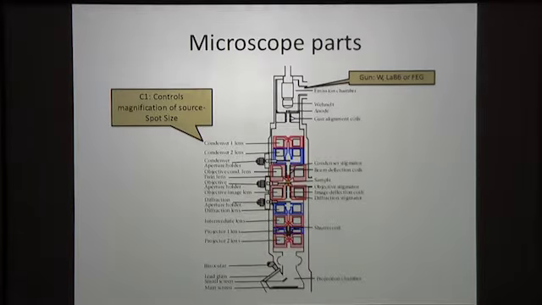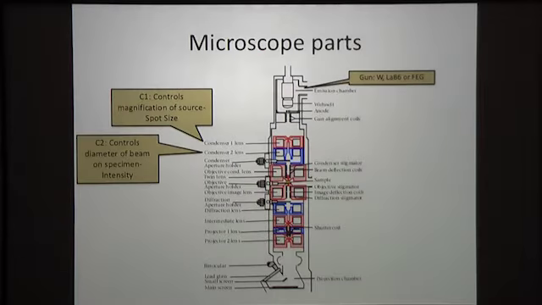Condenser lens 1 affects the magnification of your source, and it's generally called the spot size on your microscope. The second condenser lens will control the diameter of your beam, so the spread of the beam on your specimen, and it's usually the intensity or brightness knob if you have a different type of microscope. And together C1 and C2 control the dose on your specimen very accurately, so you can choose a dose and a diameter that fits your experiment.